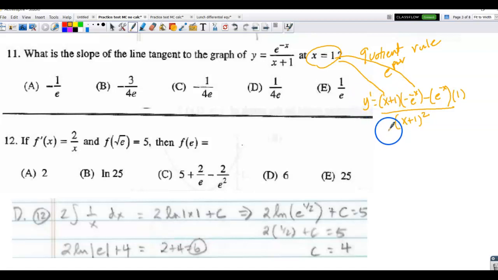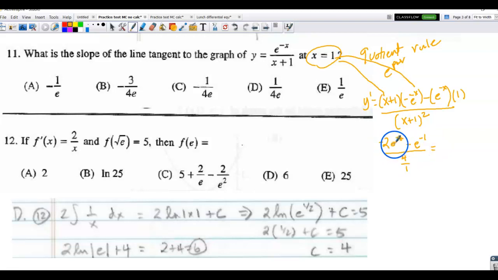So 1 plus 1, substituting 1, is 2, times -e to the -1, substituting 1, minus e to the -1, over 1 plus 1 is 2, and 2 squared is 4, and that's over 1.